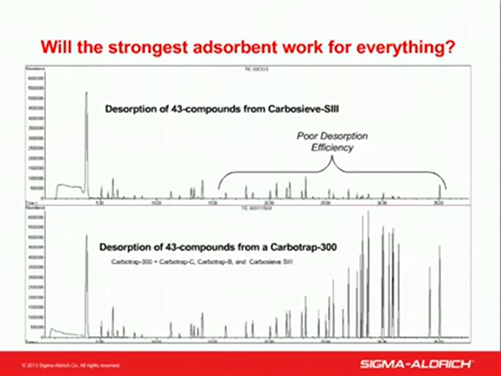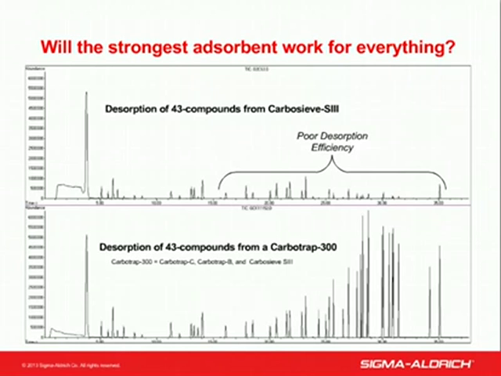In this example, the top shows a desorption of 43 compounds that were spiked on a tube just packed with Carbosieve S3. And the compounds range from chloromethane being the lightest at 50 molecular weight to hexachlorobutadiene at 260 molecular weight.